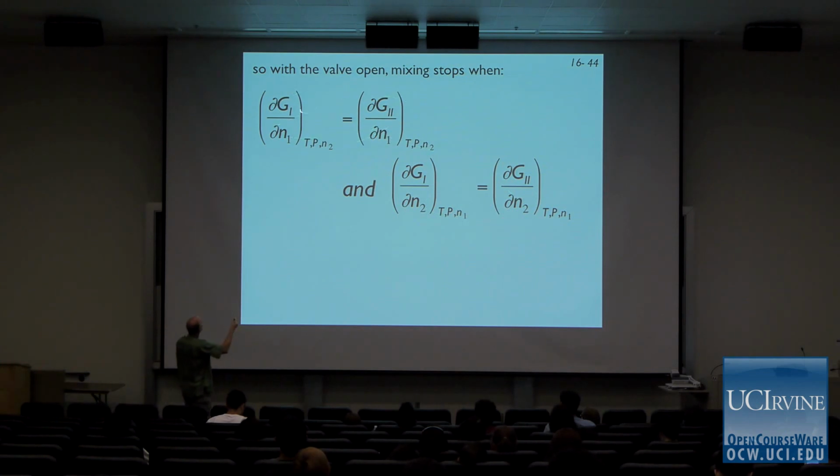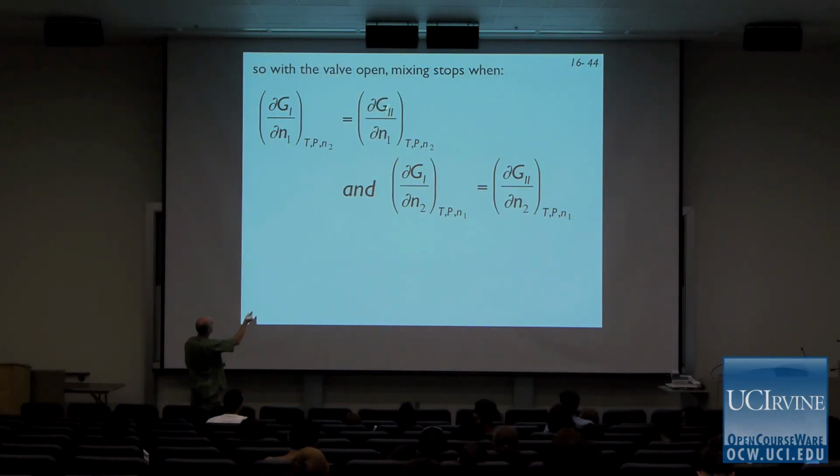What is this? This is the rate of change of the Gibbs energy with respect to the moles of hydrogen in the left bulb, and this is the analogous thing in the right bulb.